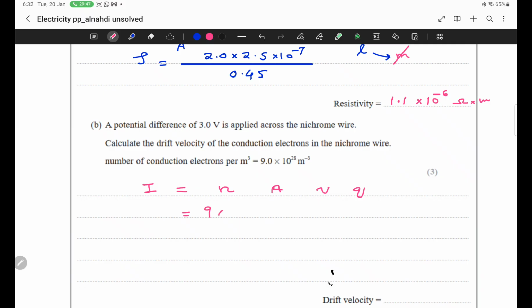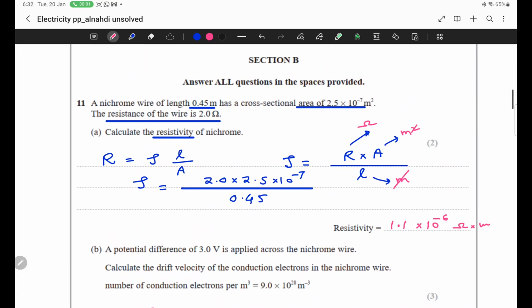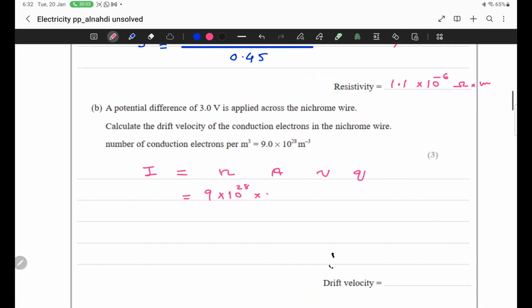Number density is 9 exponent 28, the number of conduction electrons per meter cube. Area, we were given in the last part, 2.5 exponent minus 7. Q is the charge of electron, 1.6 exponent minus 19.